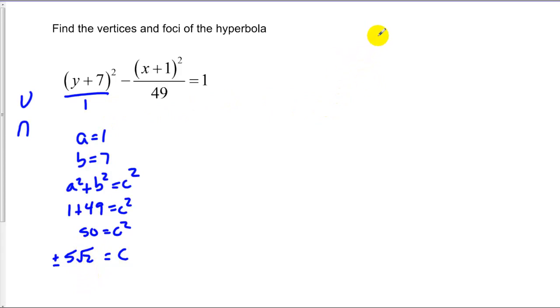So let's go ahead. I like sketching these a little bit to help me find the rest out. I know I've got negative 7 and negative 1 as my center.